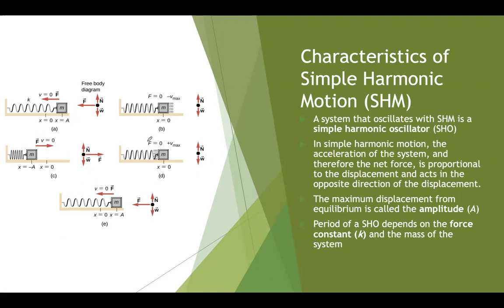Okay, so let's look at this diagram over here. So we've got the simple harmonic oscillator, which is going to be this block here. Okay, and the system that oscillates with simple harmonic motion is called a simple harmonic oscillator, or SHO. Okay, so you'll be seeing these throughout the lecture.